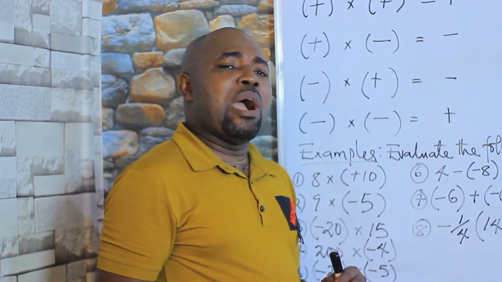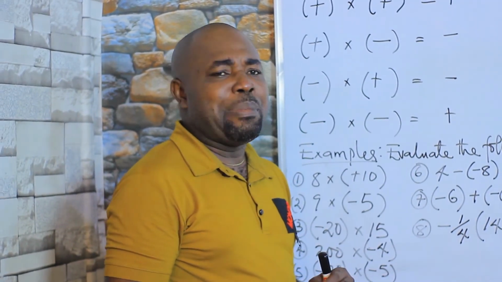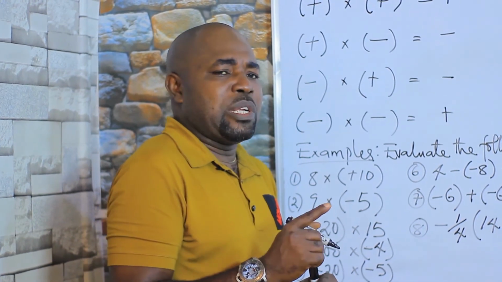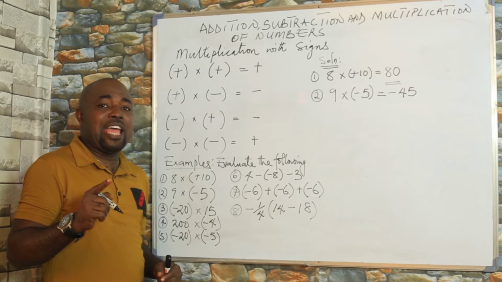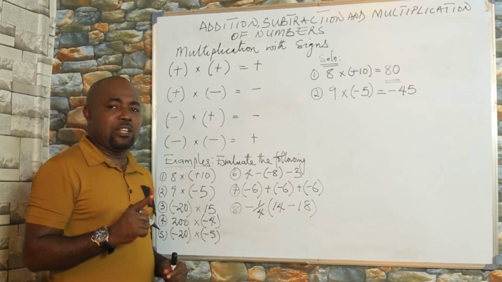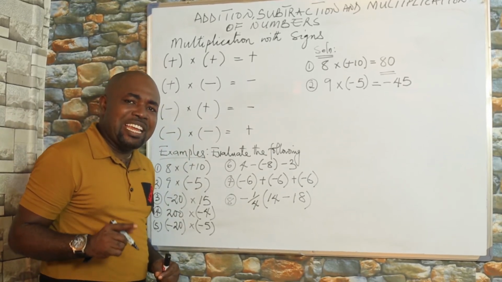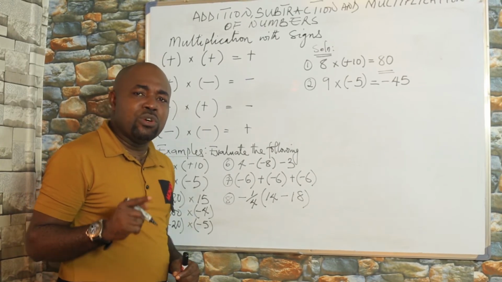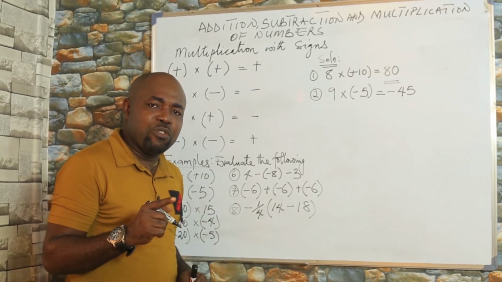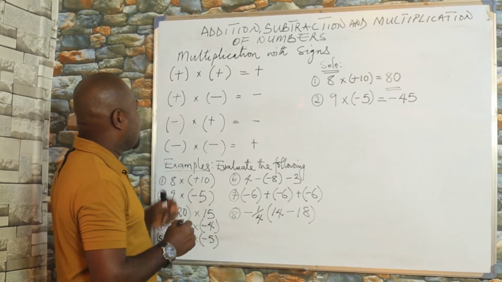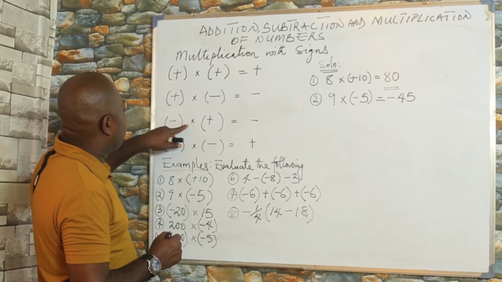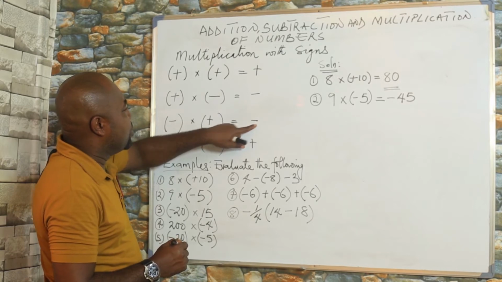Just like when you are multiplying a number by 0. Any number at all you multiply by 0 will give you what? 0. So when you multiply any positive sign at all by a negative sign, it will give you negative. Will give you what? Negative.